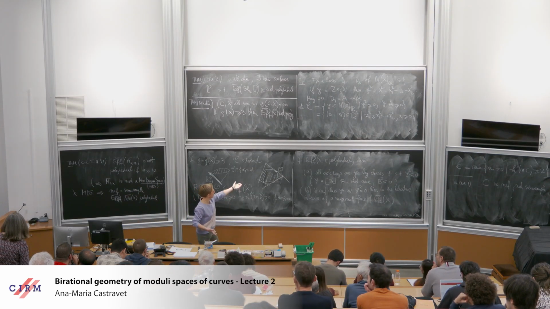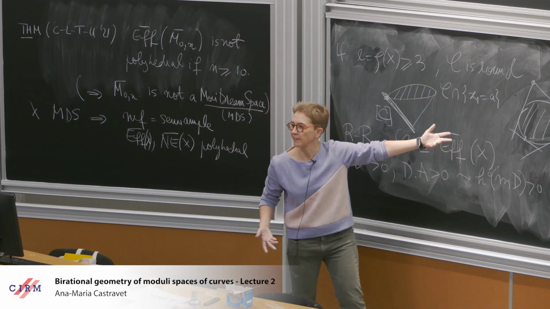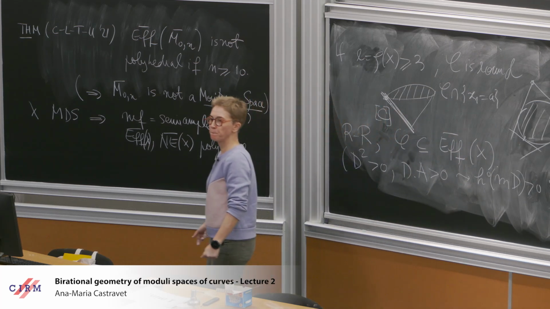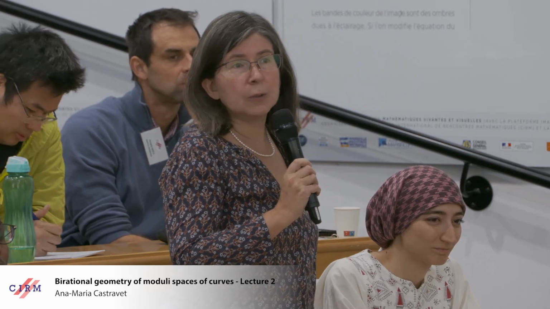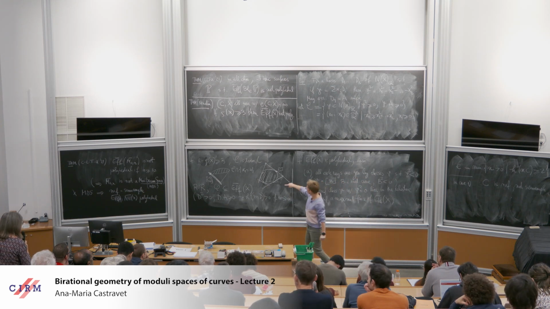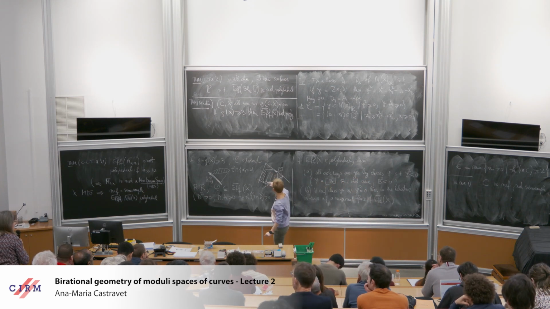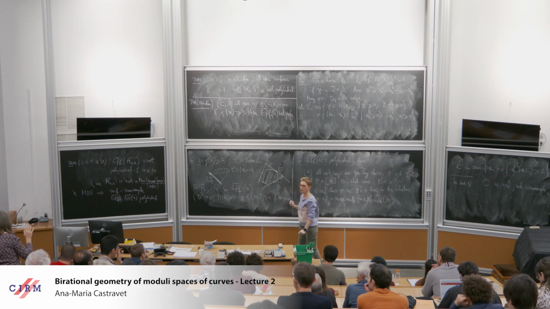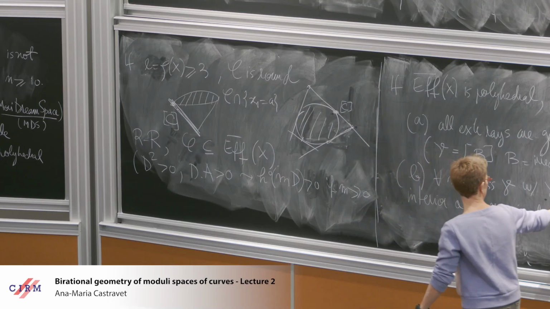Right. I'm saying that any nef class with self-intersection 0 will be on the boundary of this disk, and so it cannot be a vertex here. I probably missed the reason why gamma is not big.